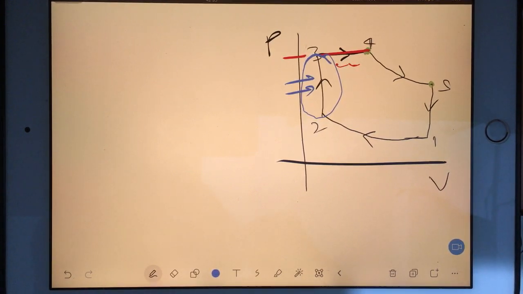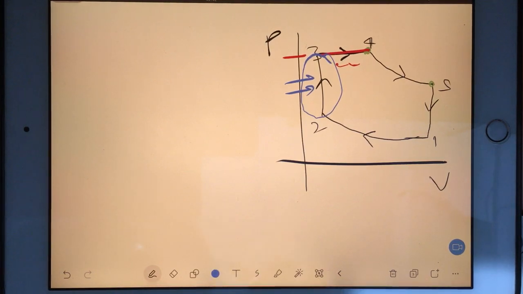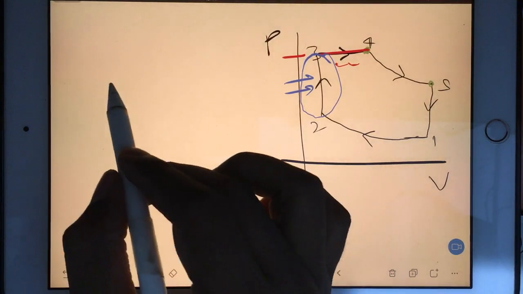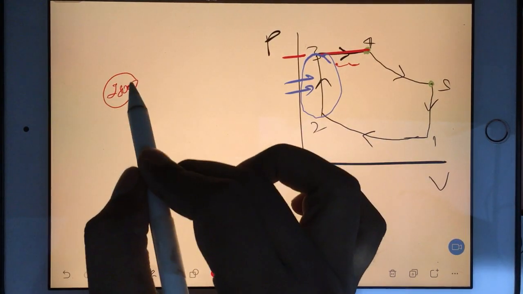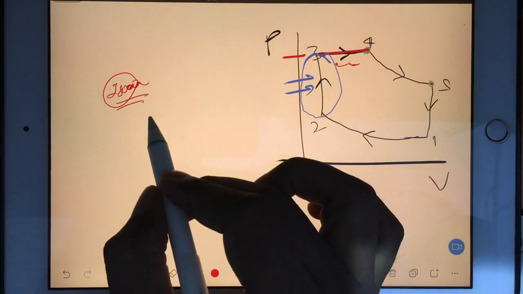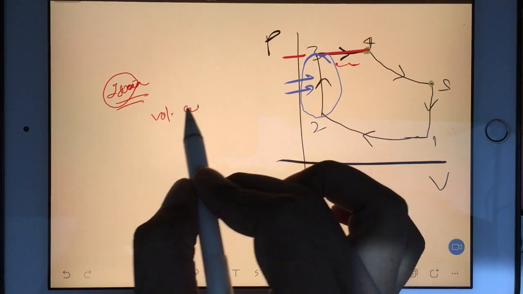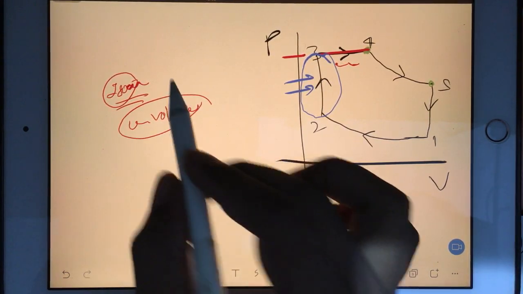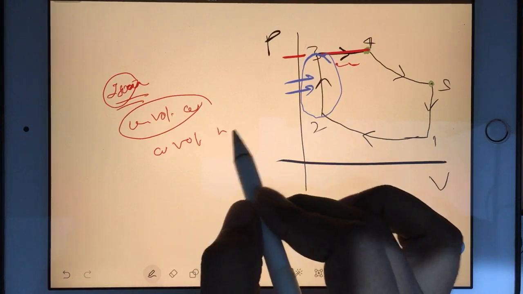Isochoric. Yes. Isochoric is another name for volume constant. So you will say, just now you said constant volume heat addition. It is absolutely correct.